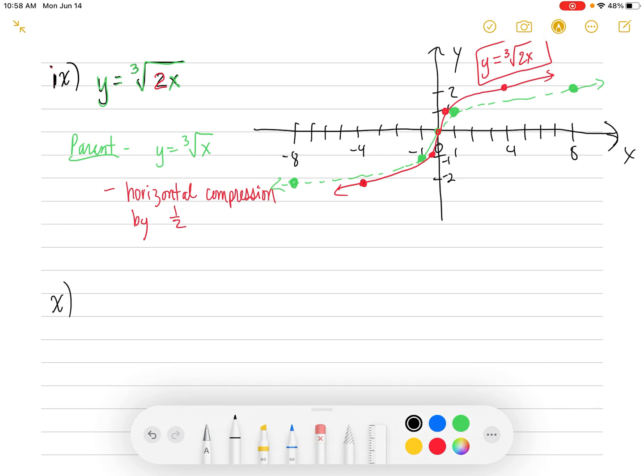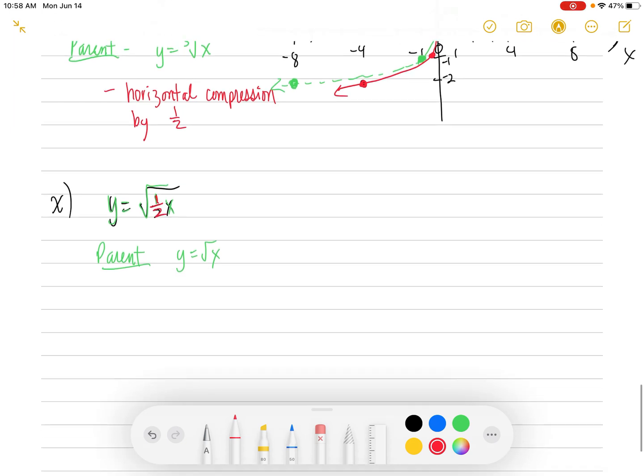I think I got one more here to do. I got number 10, which is y equals the square root of 1/2 x. The parent function is y equals the square root of x. And then after that, you got this 1/2 inside of the house. I'm going to make that red, 1/2.